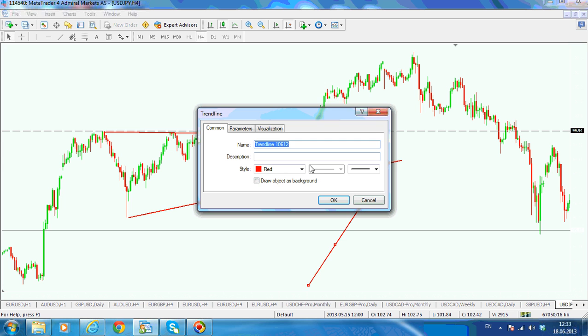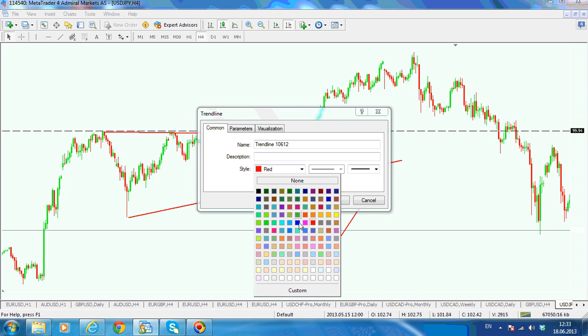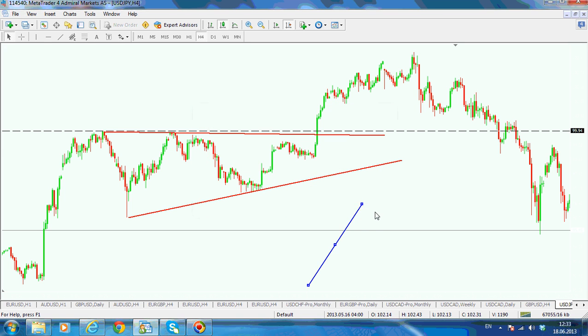Let me change the color for it so that we know that this is the first wave to be extended. Then you have a second wave, quite small, a third wave like this, let's say, a fourth wave, and then a fifth wave that makes a new high, something like this.